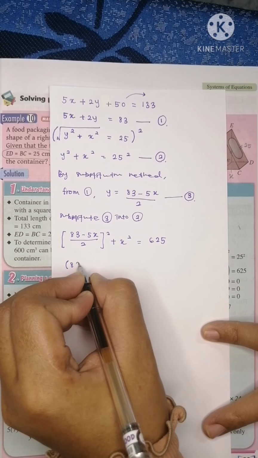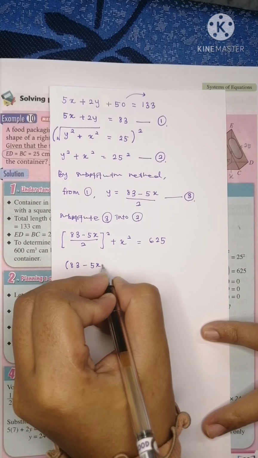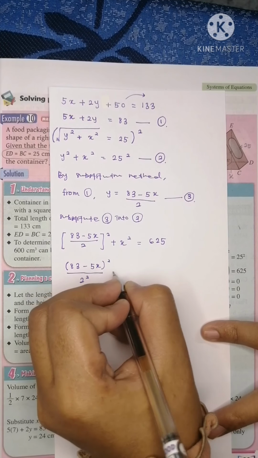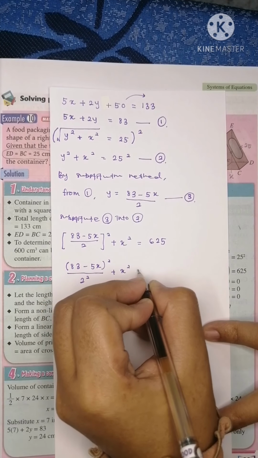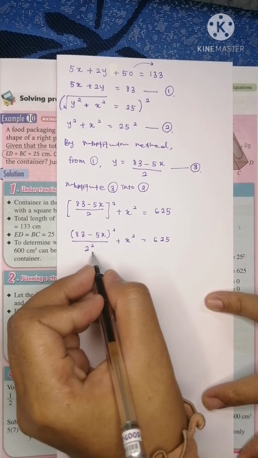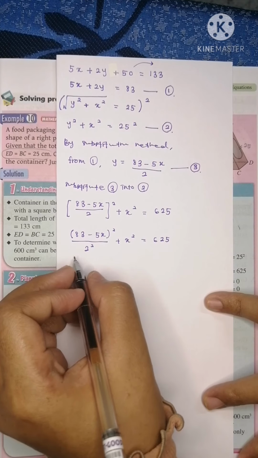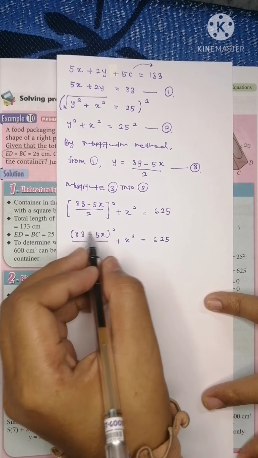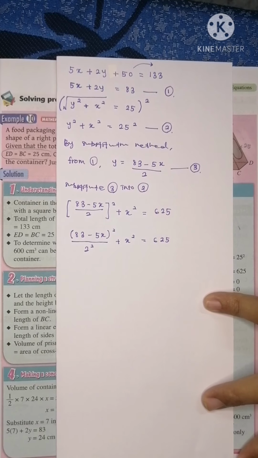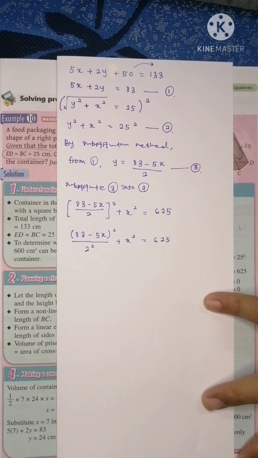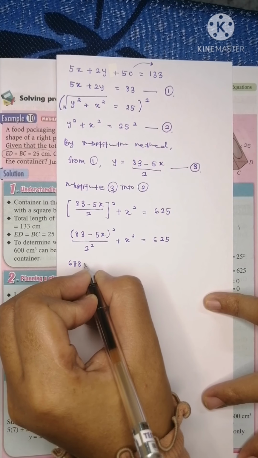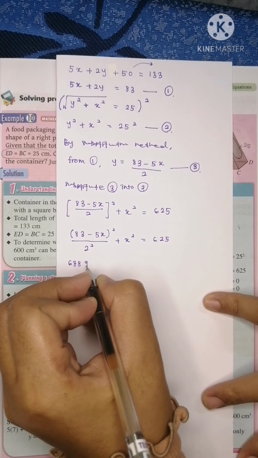Okay, now solve this. 83 minus 5x, squared, over 2 square, plus x square, equal to 625. 2 square will get 4. Expand this first. 83 square, you will get 6889.